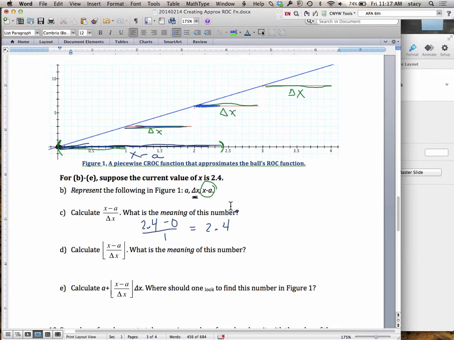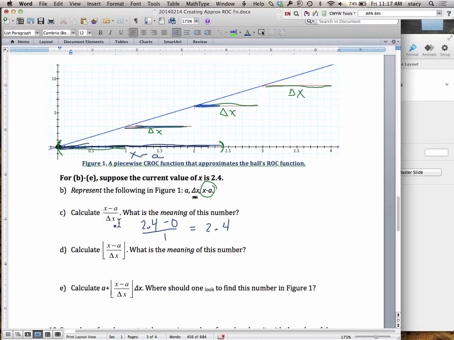So 2.4 isn't giving me the complete number of intervals. It's the relative size of the length from a to x, or 0 to 2.4, over the delta x of 1 for each interval.